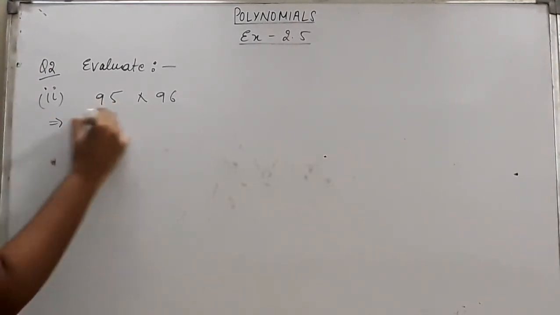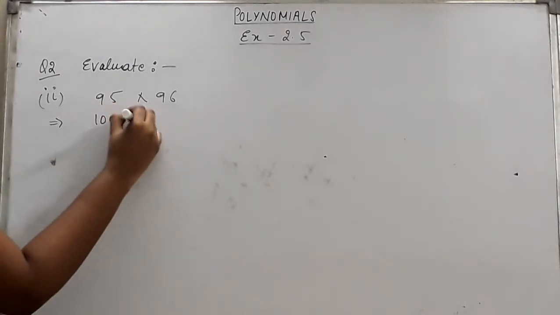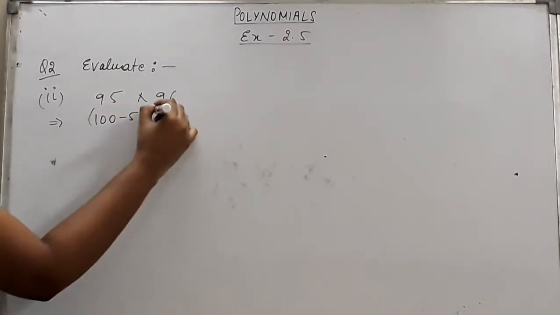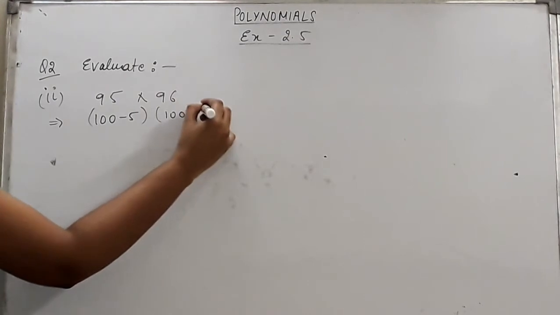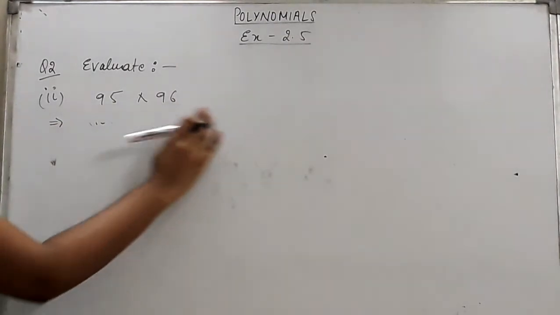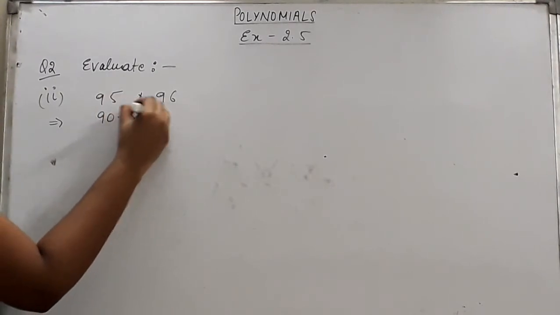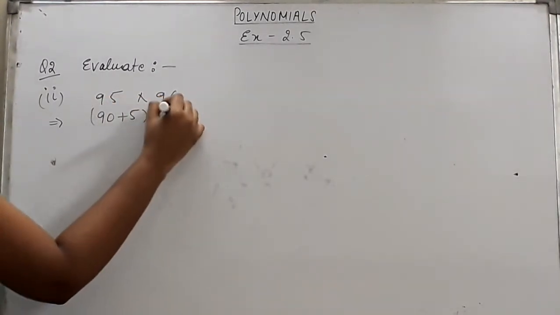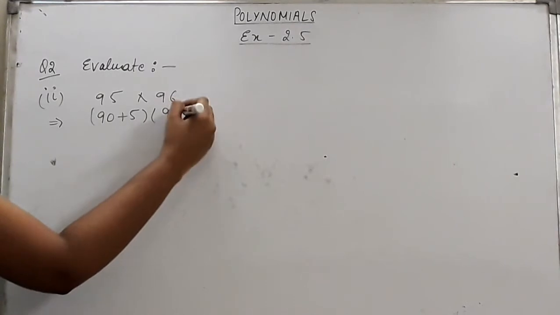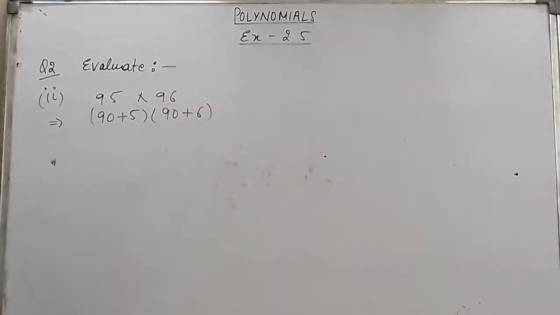You can write it like 100 minus 5, 100 minus 4, or you can write it as 90 plus 5 and 90 plus 6.